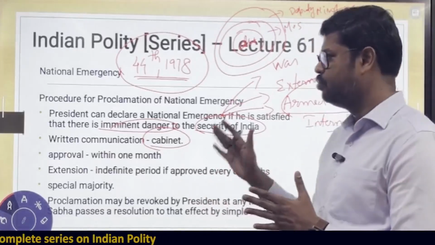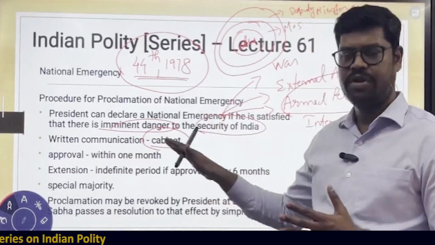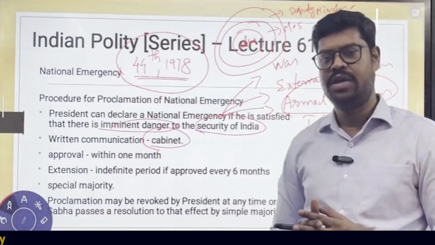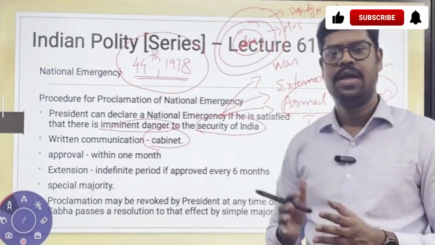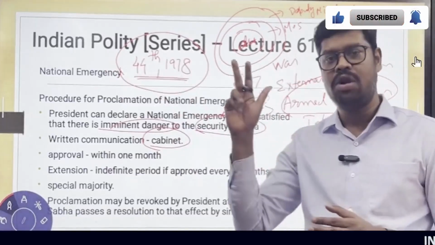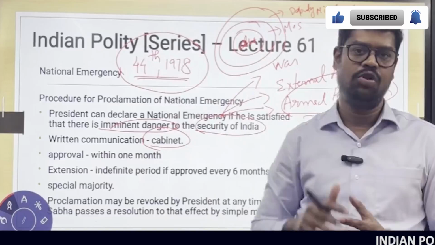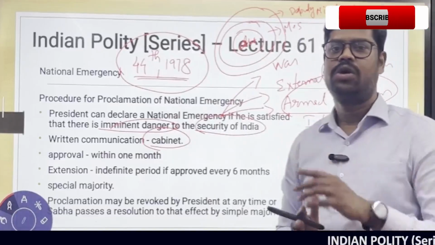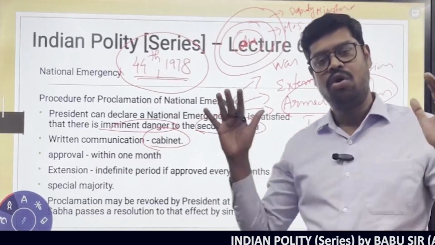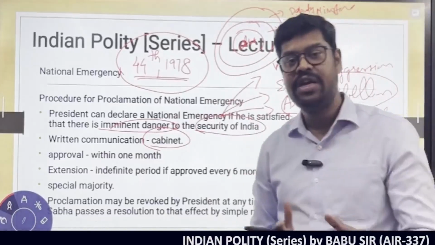So that means in the future, that is after the 44th Constitutional Amendment Act, if a national emergency is to be proclaimed, the president can do it, but only after all the cabinet ministers give it in writing to the president to declare a national emergency. It cannot be done merely when the prime minister advises. All the cabinet ministers have to give it in writing.